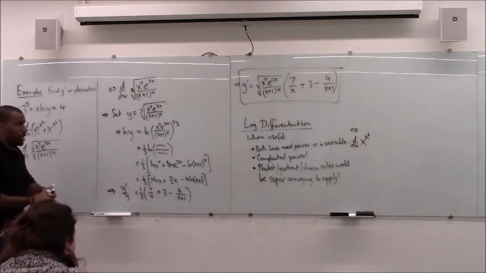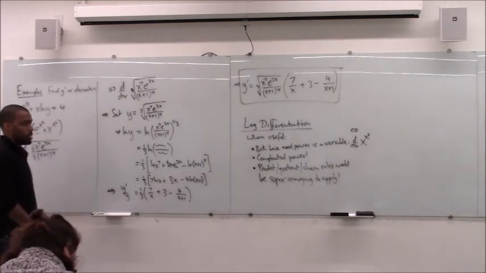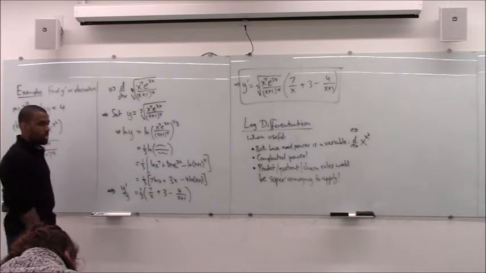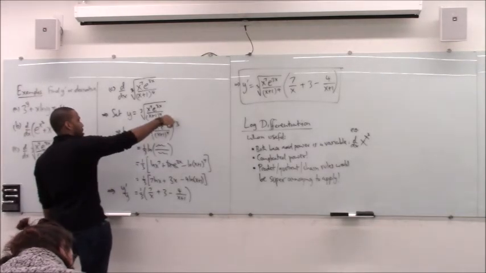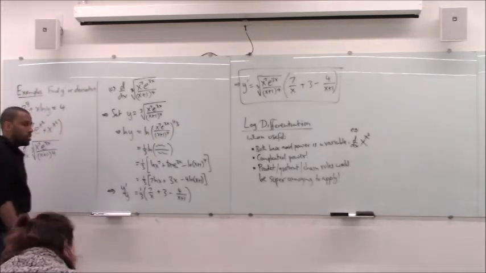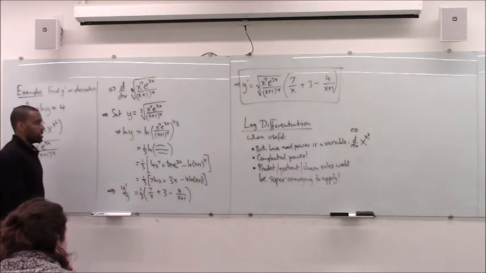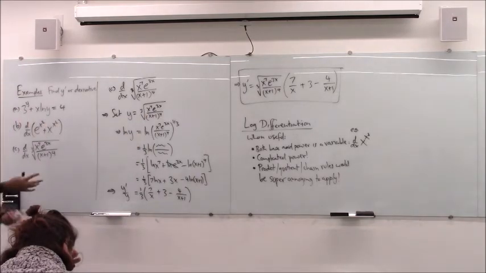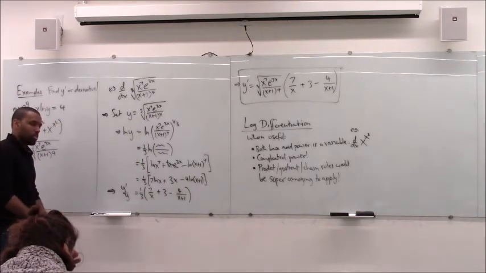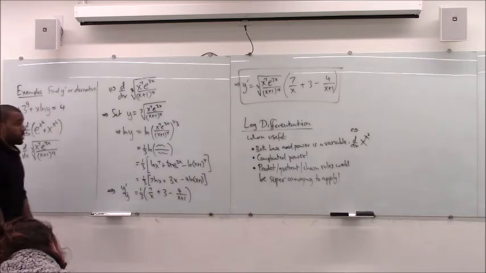The thing is, logs can turn products into sums, they can turn quotients into subtractions, and if there's a chain rule where there's an outside power, the log can turn that power into a multiple. So logs can greatly simplify situations where breaking it down by the product or quotient rule or any of that stuff would be really annoying. So it's very useful in that case.